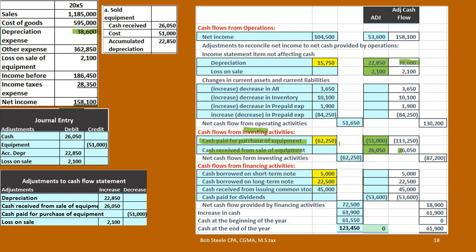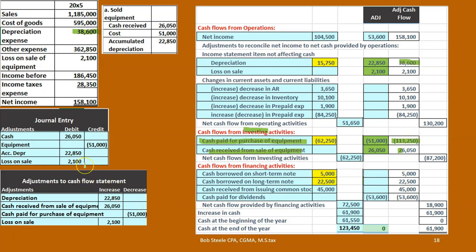So this was the original change. We're going to put that 51 negative and say that if we paid all cash for the equipment that we purchased, we must have paid 113,250 for it. Now again, that might not be the end of the story, because we could have financed part of that, or there could be other transactions involved, but we're going to make that adjustment here.